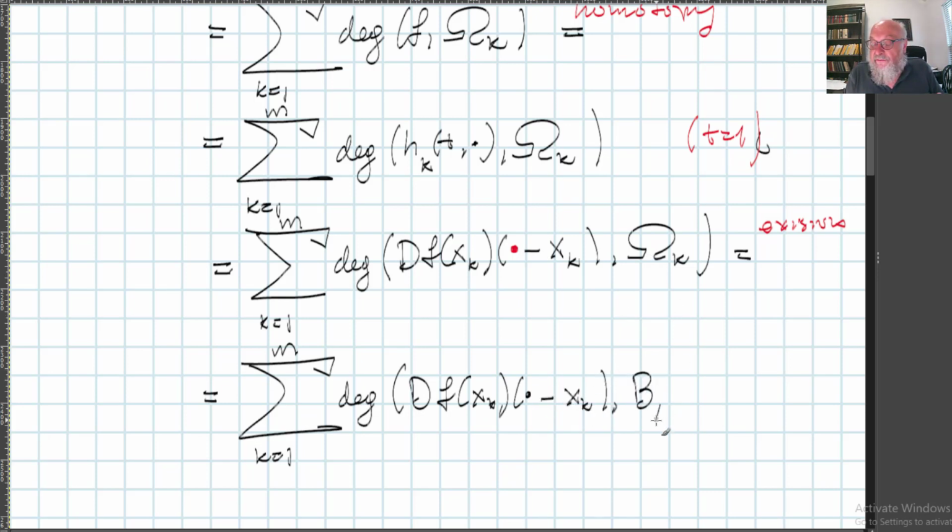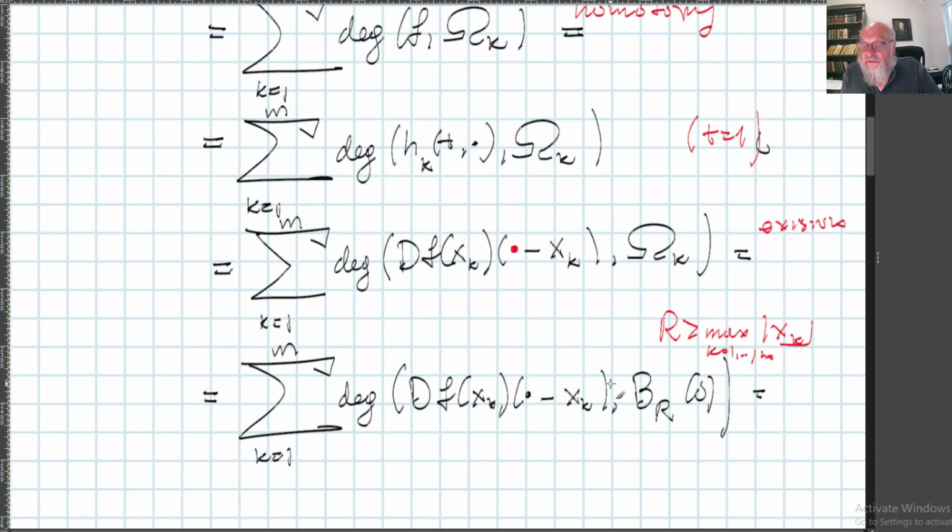I will specify what it is. So what is r? R I put here like this is larger. So it's larger than maximum of xk, k is equal 1 to n. So there's only one solution. It's linear. That map has only one zero. So there are no zeros on the boundaries.